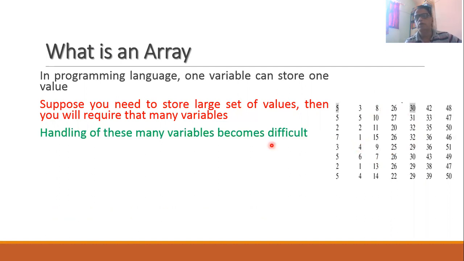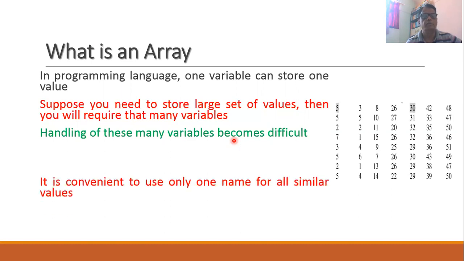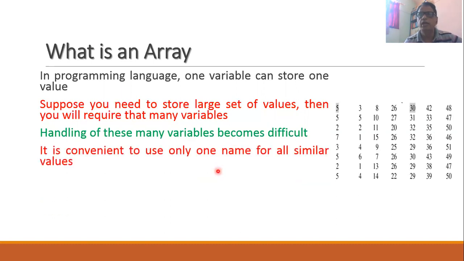So if we use a different variable for each value, then in a program there will be a large number of variables, and handling these many variables becomes very difficult. So the most convenient way to deal with the situation is to use only one name for all similar data values.